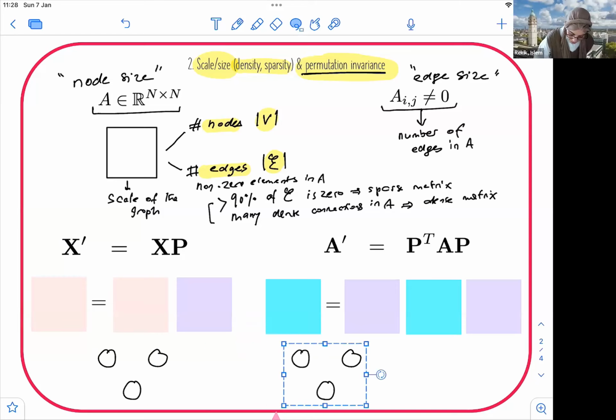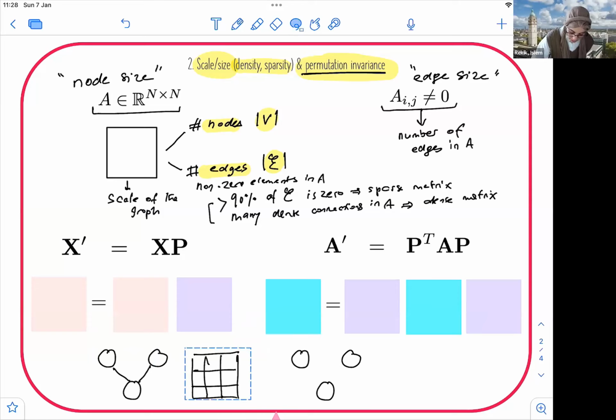We're going to create an adjacency matrix of 3 by 3. So it's a 3 by 3 matrix, with 1, 2, 3 along the rows and columns.